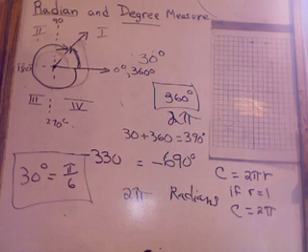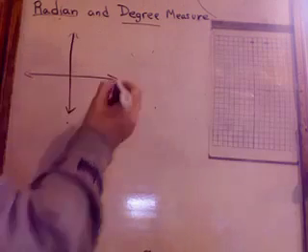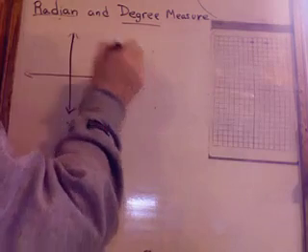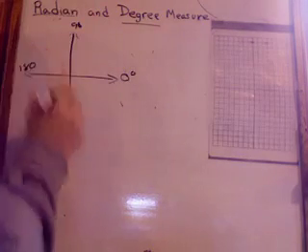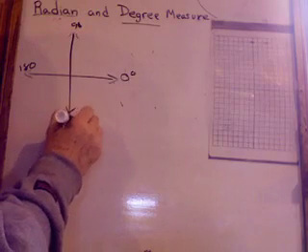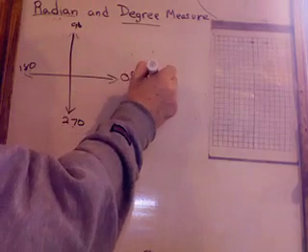Now, there is a special way to determine or to find radians for any type of degree that you might have. Okay, so we're talking about the circle again. Remember, this was 0 degrees, this was 90, this was 180, this was 270, and again back at 360.